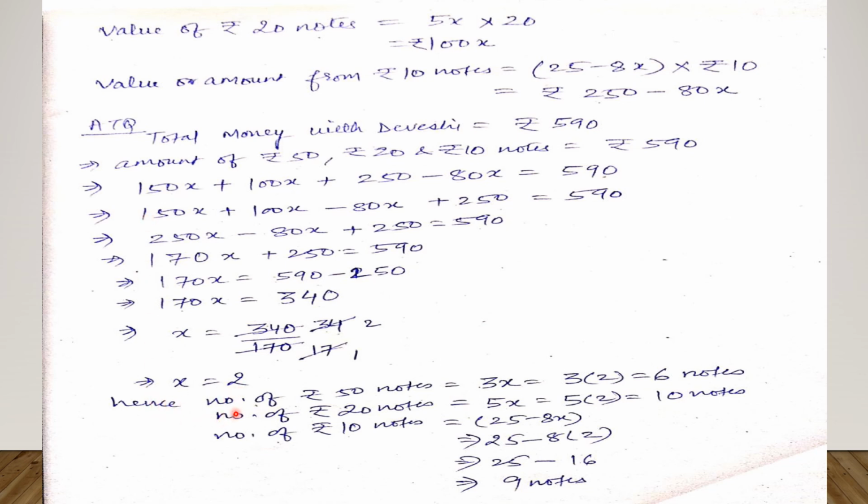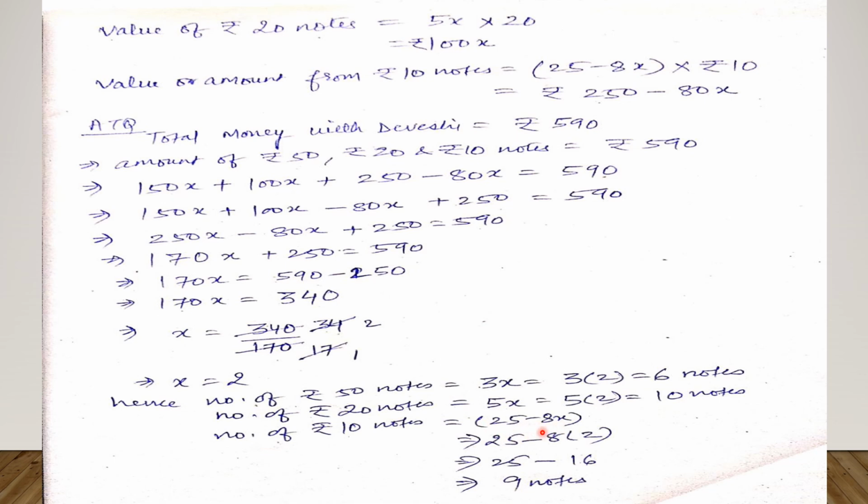Hence, we can say the number of rupees 50 notes is how much? 3 into x, that is 3 into 2, which is 6 notes of 50 rupees. Then we have the number of 20 rupee notes, 5x, 5 into 2, 10 notes. And last, the number of rupees 10 notes will be given by 25 minus 8x, not into 10, only 25 minus 8x, because into 10 is for the value.